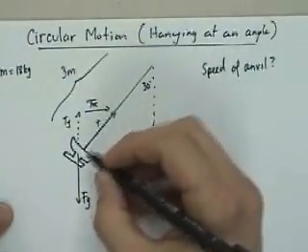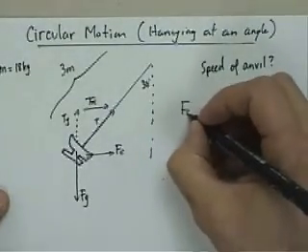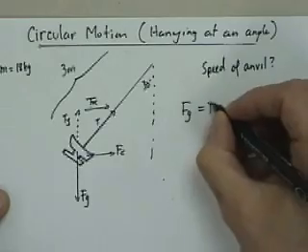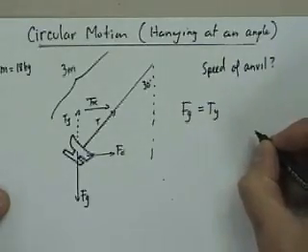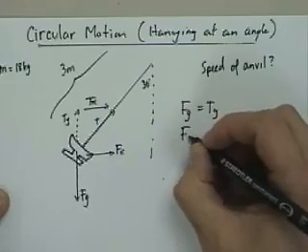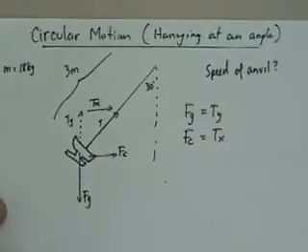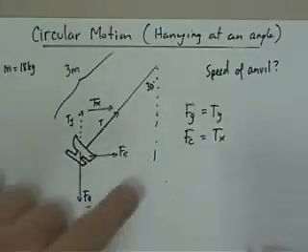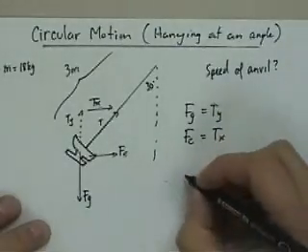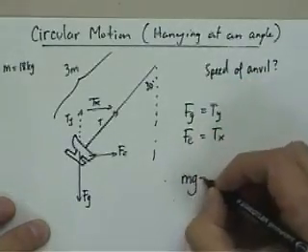Let's make some statements here about things that we know. We know that force due to gravity is going to be equal to tension in the y direction. And we also know that tension in the x direction is going to be equal to Fc, or centripetal force. So let's figure both of these things out. Fg is going to be mass times gravity.